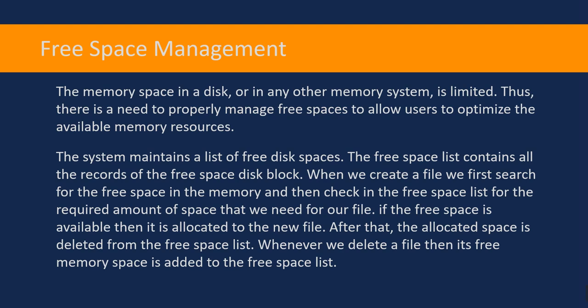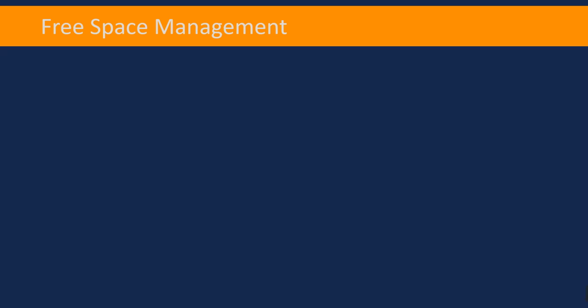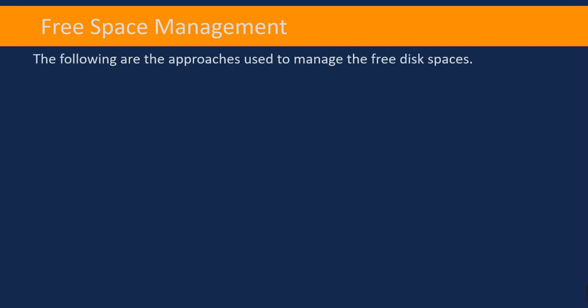Whenever we delete a file, then its free memory space is added to the free space list. The following are the approaches used to maintain or manage the free disk spaces: first is bitmap or bit vector, then linked list, grouping, and counting.